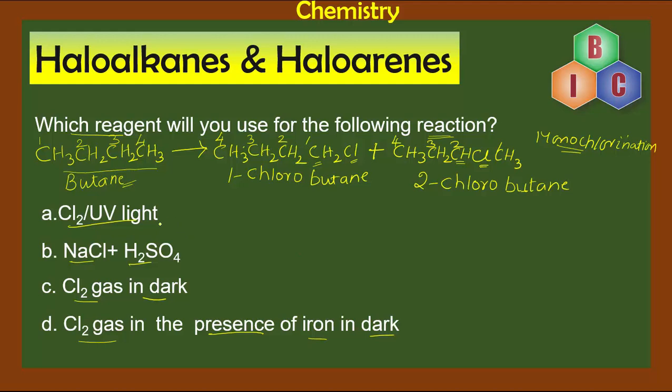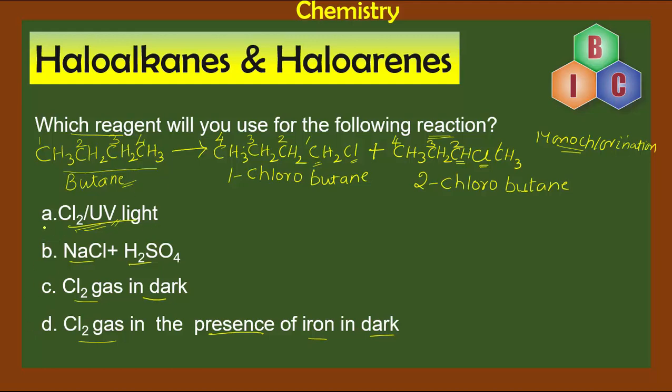This we have studied both in our first PUC as well as in second PUC. If you want to convert an alkane into monohaloalkanes, the suitable reagent will be chlorination or halogenation done in presence of diffused sunlight.